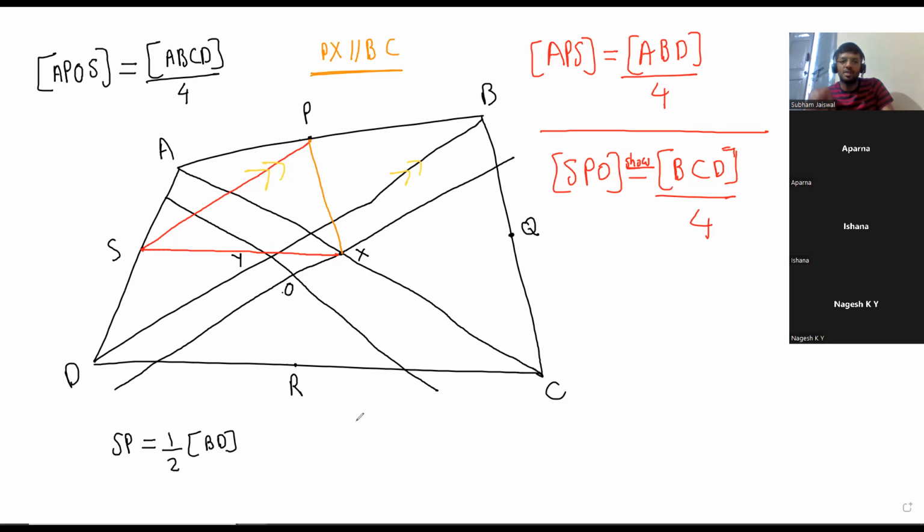Okay, so SP is half of BD and PX is half of BC.